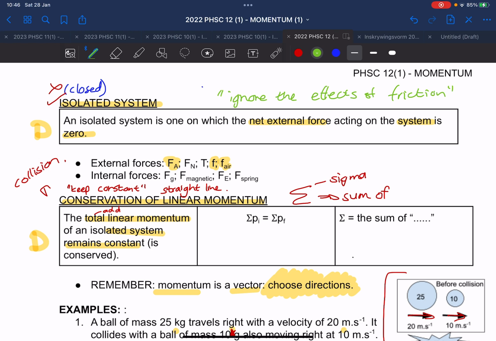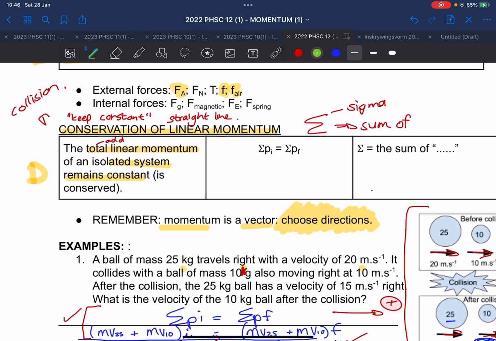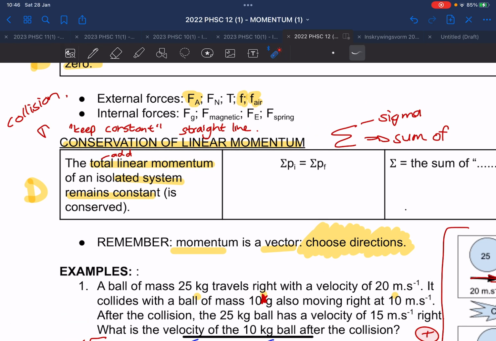We're going to use this isolated system with the concept of the conservation of linear momentum. What does the word conservation mean again? It means to keep constant, to keep protected, to keep the same. So don't change. And linear means in a straight line. So the momentum in a straight line is kept constant. Conservation of linear momentum. What is that?